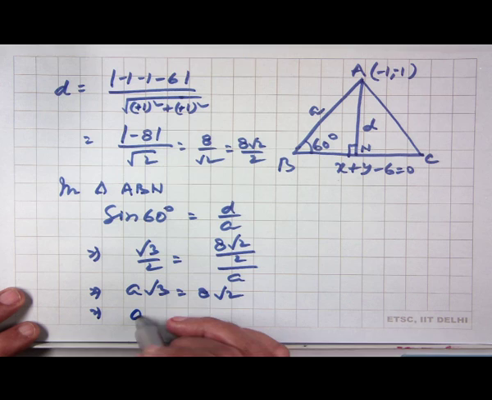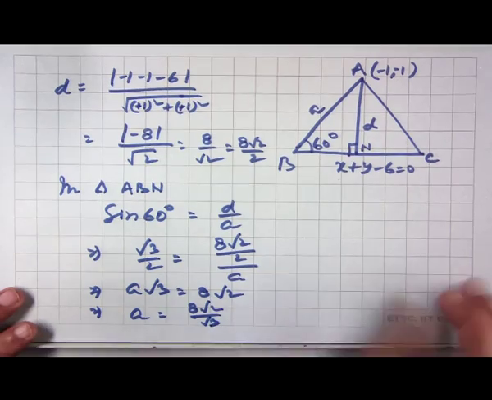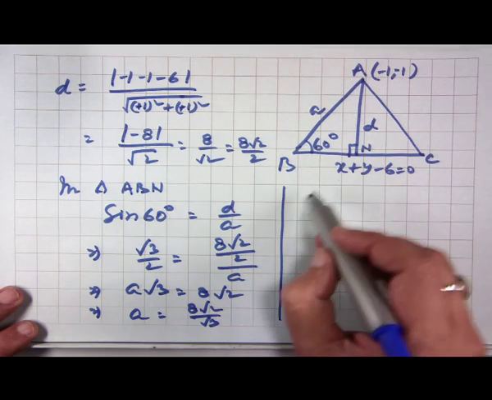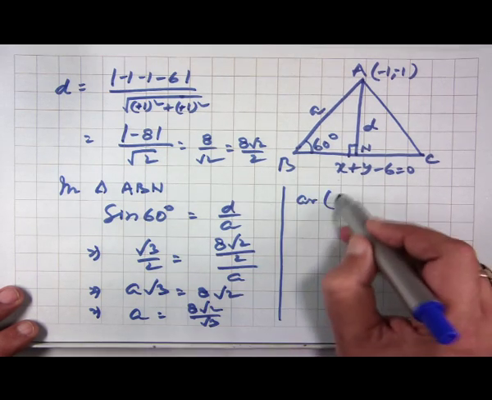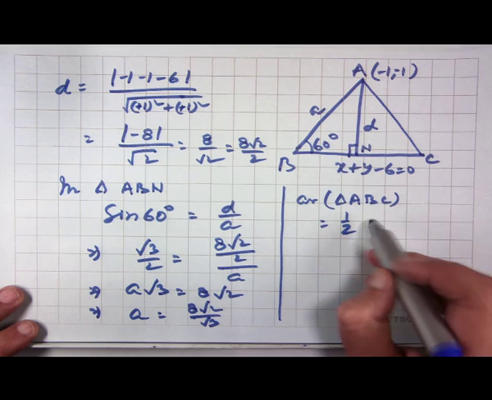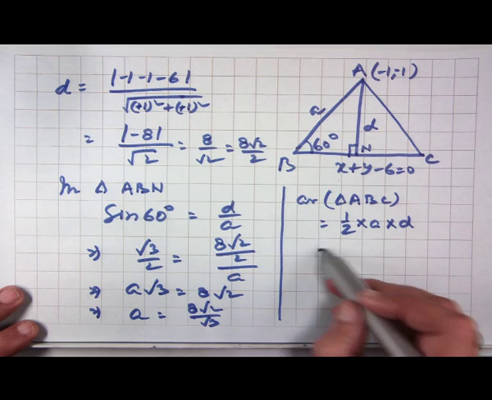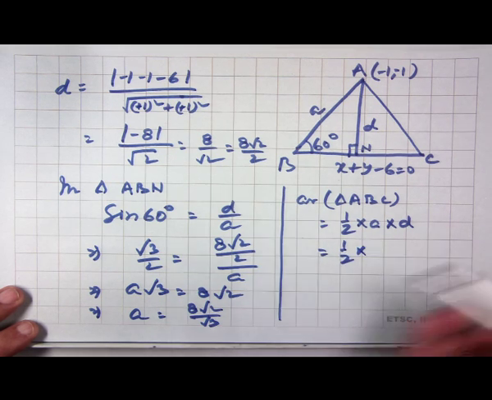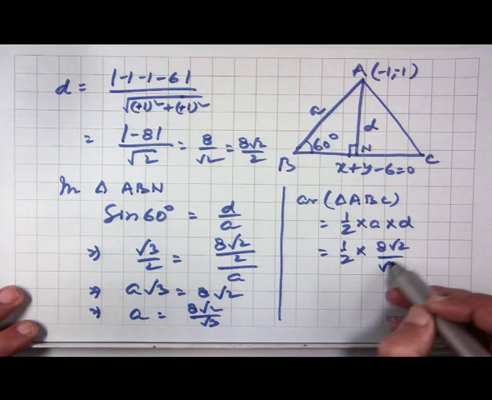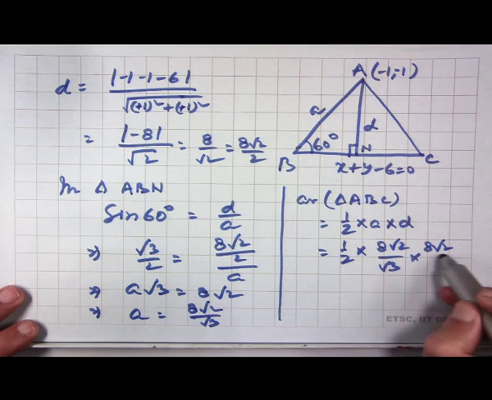So A is equal to 8 root 2 by root 3. So the area of triangle ABC is equal to half into A into D, equal to half into 8 root 2 by root 3 into 8 root 2 by 2.